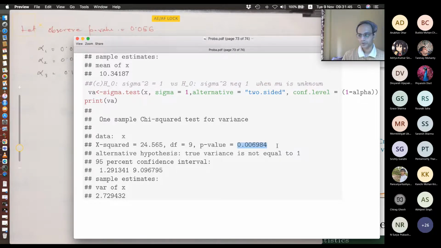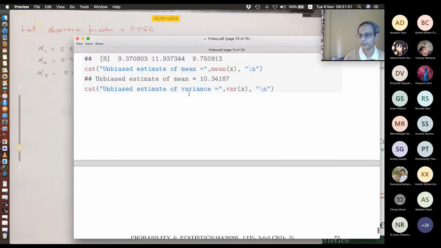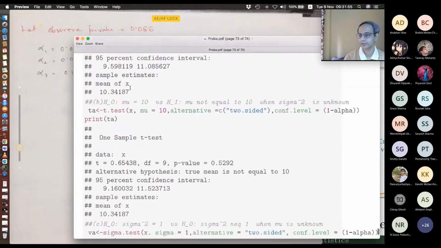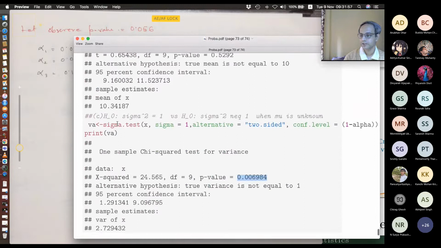0.006984. The null hypothesis is claiming that sigma equals 1, or sigma equals sigma naught, so H naught is claiming that sigma square equals 1 versus H1, sigma square not equal to 1.